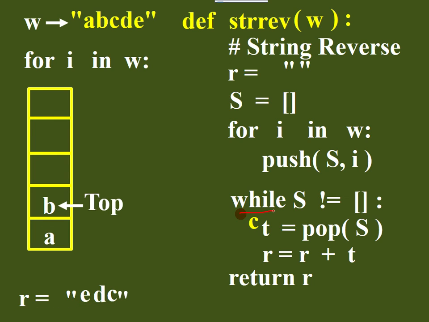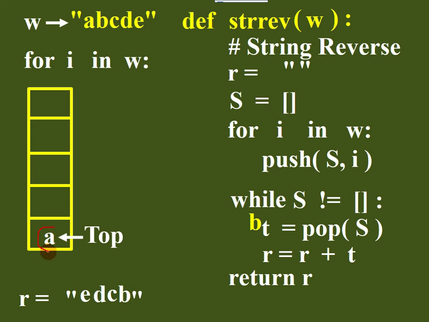Because of while loop, statement repeats. The next topmost element is popped from the stack. It is stored in variable T. Now this is removed from the stack. Now R is equal to R plus T. R contains EDC, that is concatenated with B. So you get EDCB.